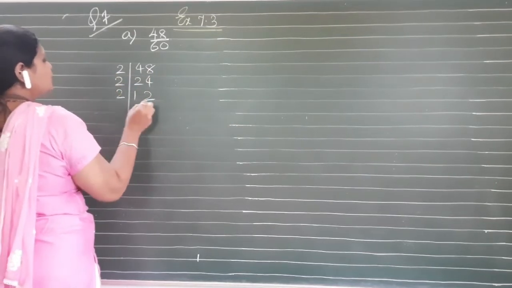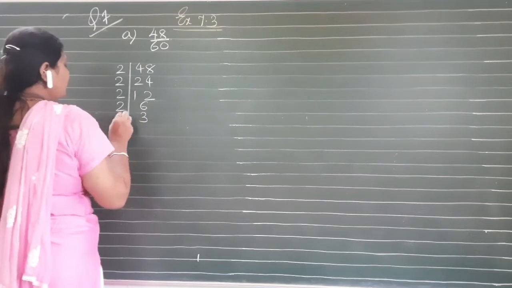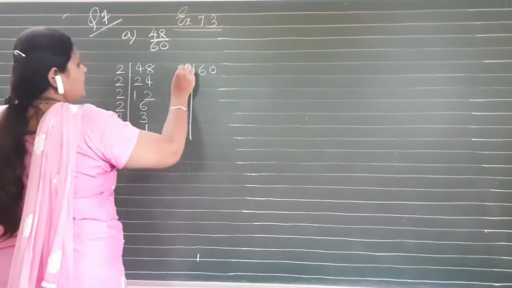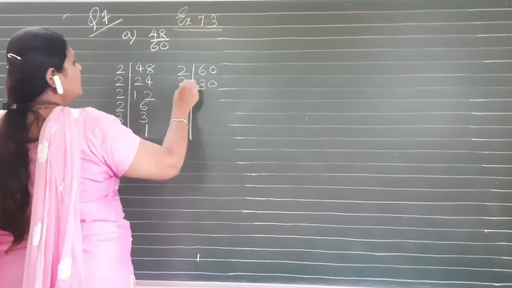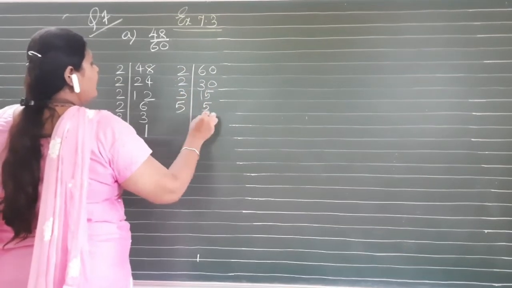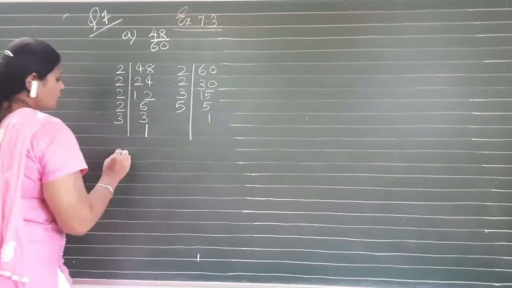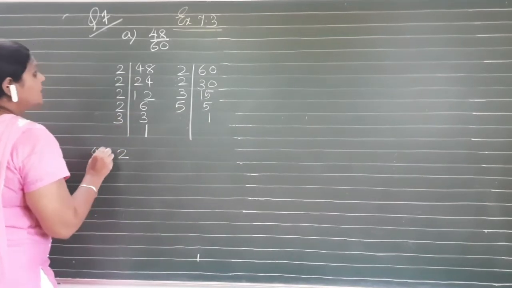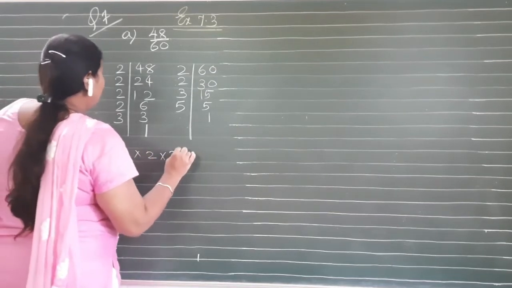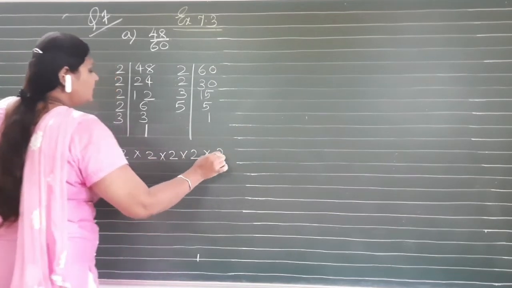48: 2, 12; 2, 6; 2, 3; 3, 1. Now 60: 2, 30; 2, 15; 3, 5; 5, 1. So 48 equals 2 into 2 into 2 into 2 into 3.